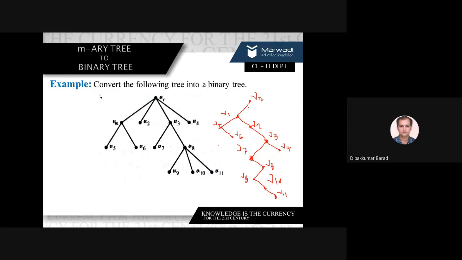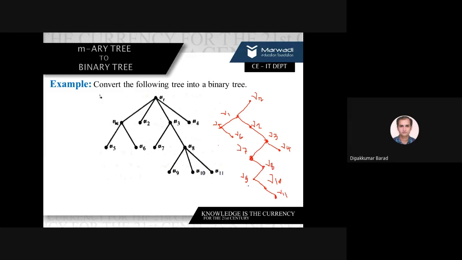If you look at the degree, each node has no more than two children. V1 has two children, V5 and V2. V5 has one child, V6. V2 has one child, V3. V3 has two children, V7 and V4. V7 has one child, V8.